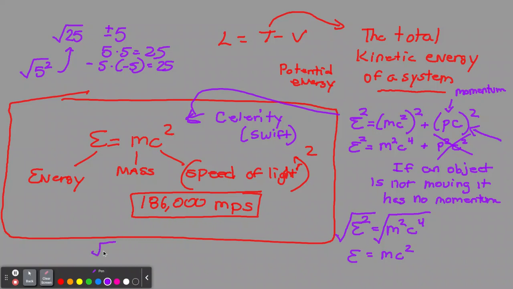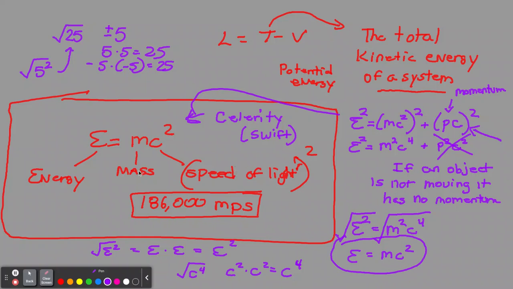And the square root of E squared, well, it's E because E times E is E squared. And the square root of C to the fourth is C squared because C squared times C squared is C to the fourth. So you should know your exponent rules. I have videos on that if you need to understand that. So we came up with this because if an object is not moving, it has no momentum.